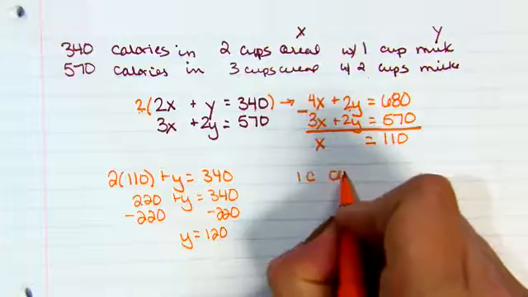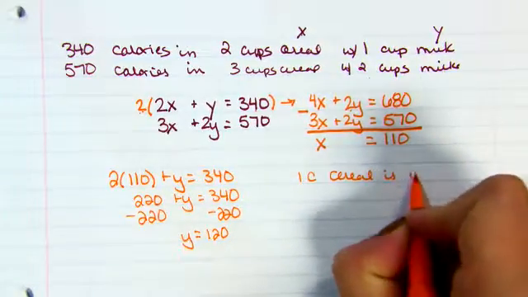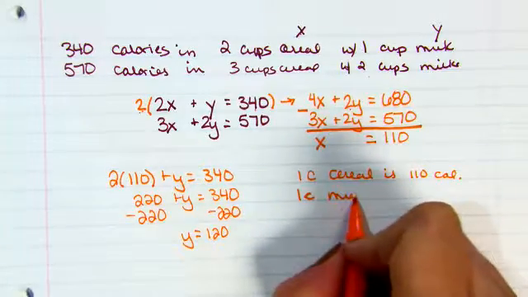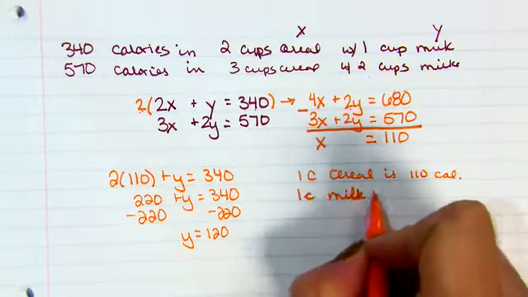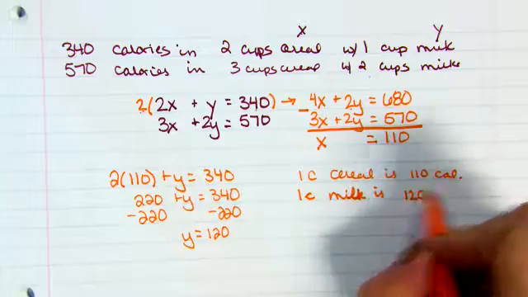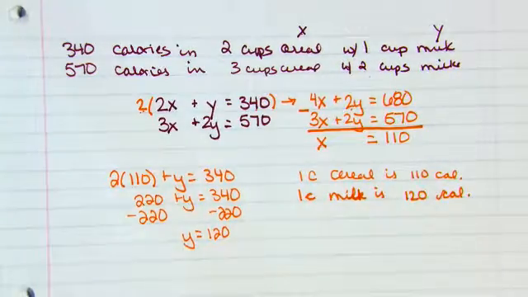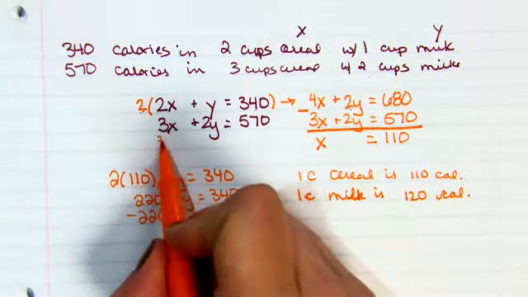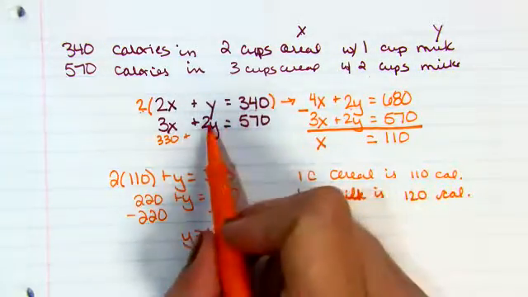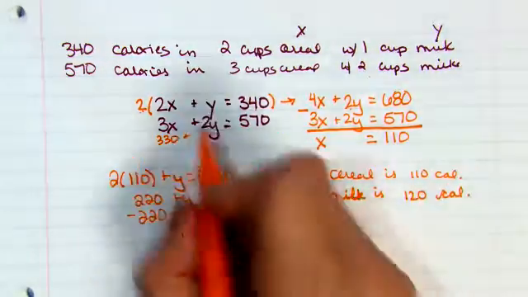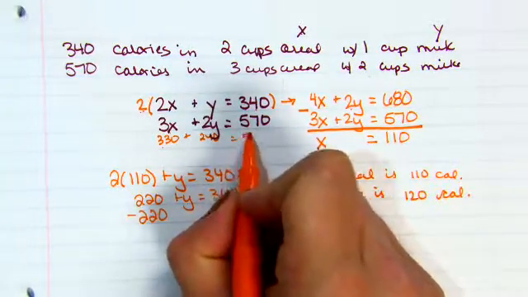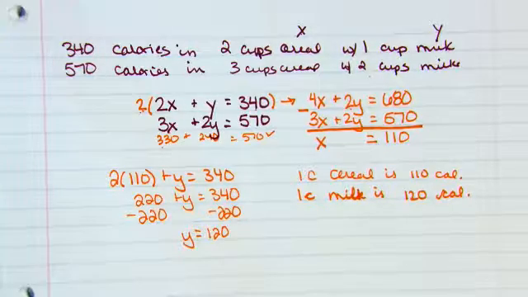So 1 cup cereal is 110 calories. 1 cup milk, M-I-L-K, is 120 calories. And I can check that with the second one. 3 times 110 is 330. 2 times 120 is 240. 330 and 240 is 570. So that checks out okay.